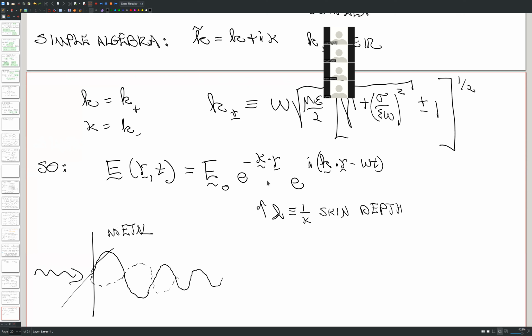It dies out, but on a length scale given by a skin depth, which is itself dependent on the frequency of the wave. If you have something that has low conductivity, then it's going to live on for quite a while. If it has a high conductivity, it's going to die out quite quickly.